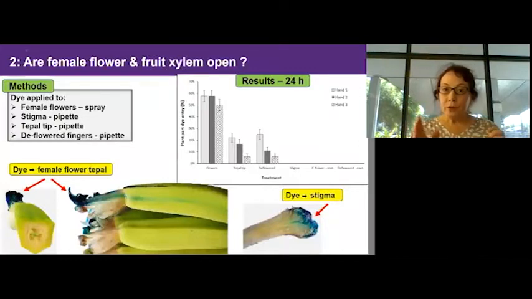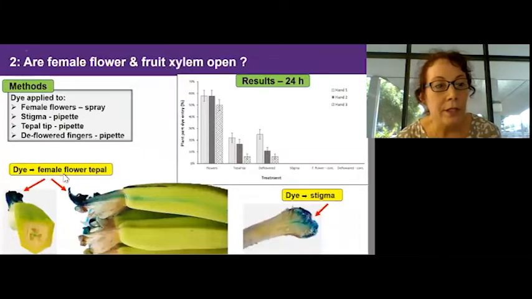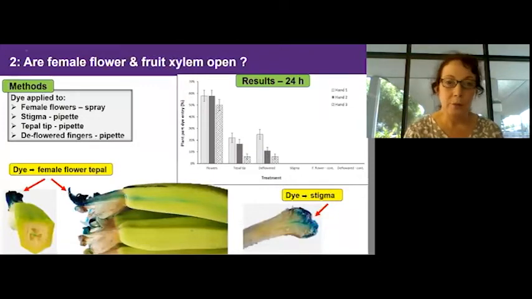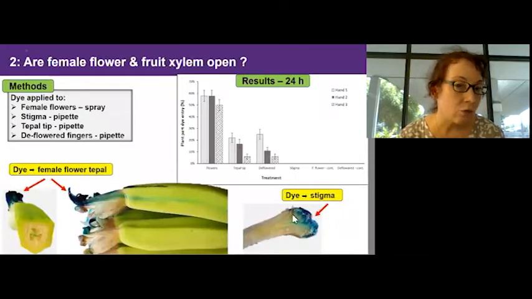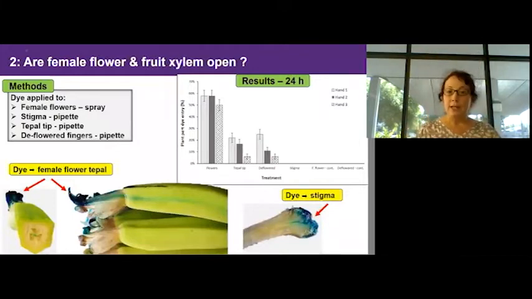And if you look here, dye applied to the female tepal tip, and this was after 24 hours. It was just drawn inside the xylem of the plant. So dye was drawn inside the plant from all of the plant parts with the exception of the stigma here. The dye certainly wasn't drawn. This is just a bit of diffusion of the dye in the stigma. So yes, infection can certainly occur through open xylem of the flowers and fruit.